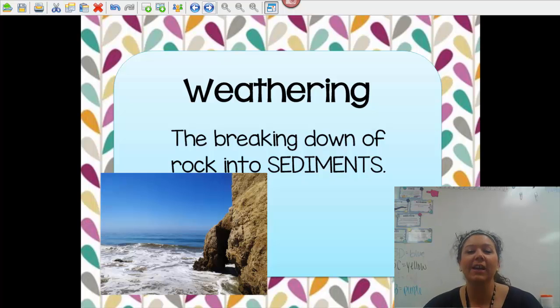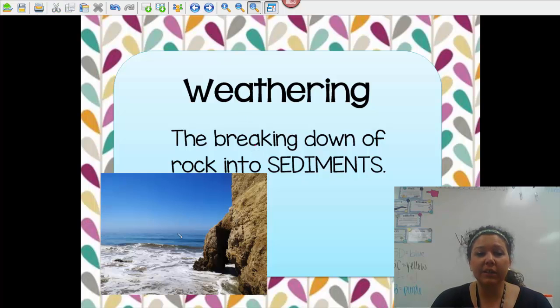Weathering is when the actual rock breaks off of a bigger rock, like this picture you have right here. This water is constantly hitting and crashing onto this big piece of rock. Every time, that force of the water crashing against the rock is going to take little pieces of rock off of it, and those little pieces are going to fall back into the water.